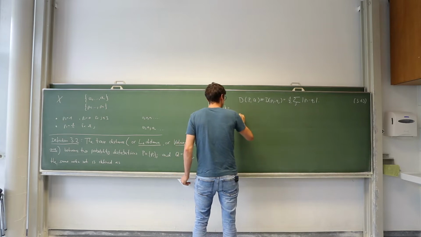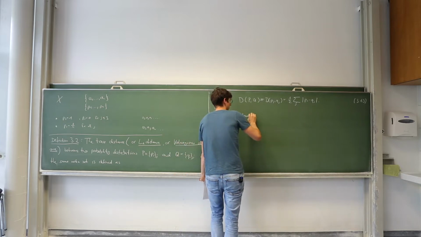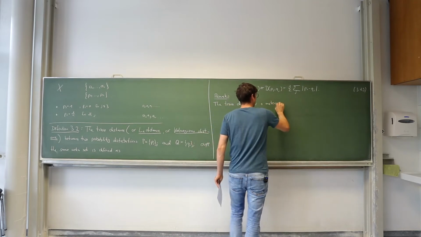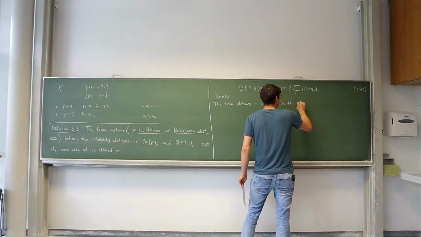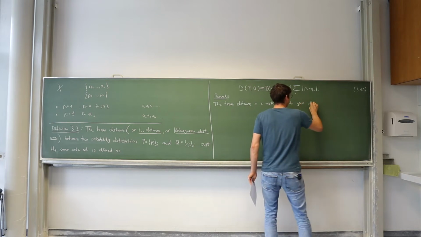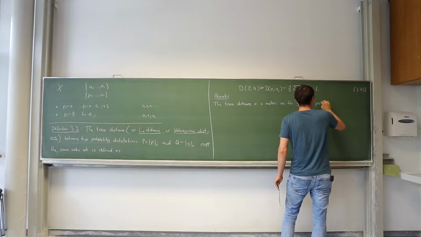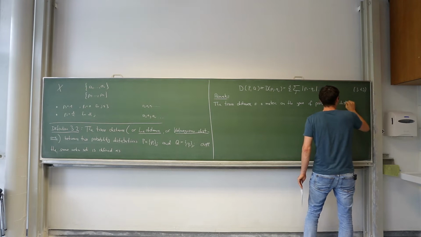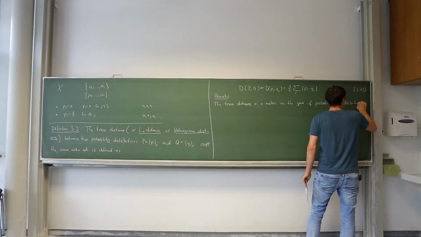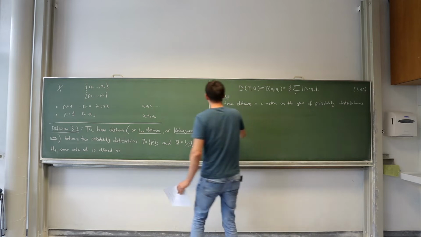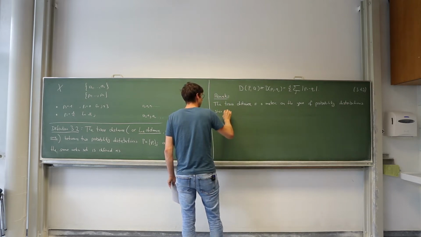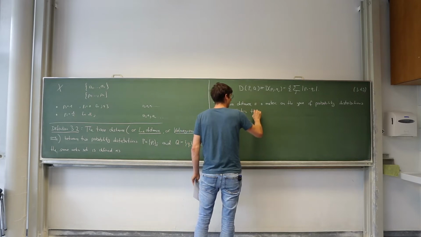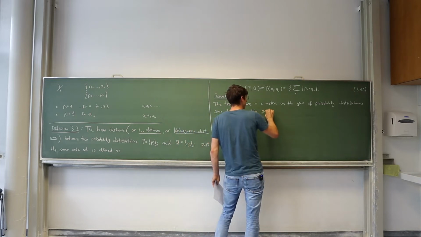The trace distance is a metric on the space of probability distributions, since it satisfies the properties of being a metric.